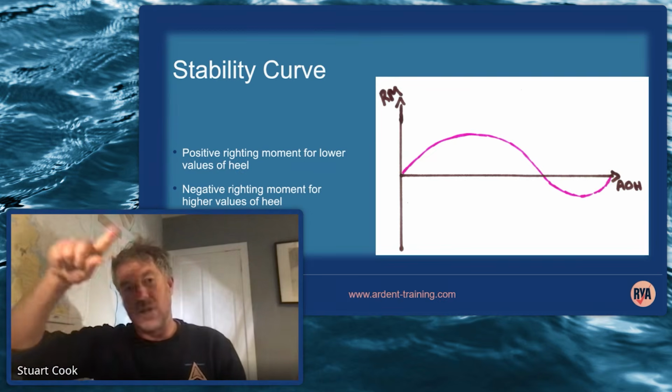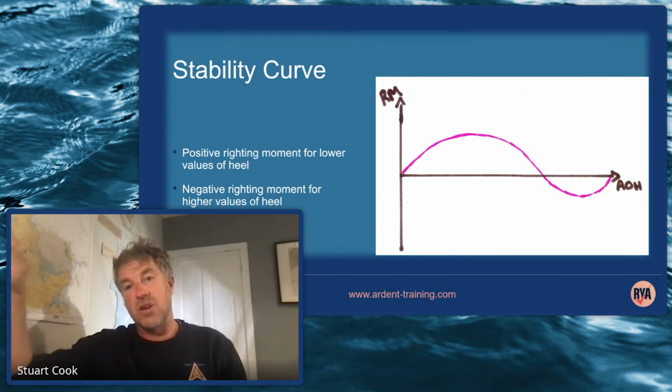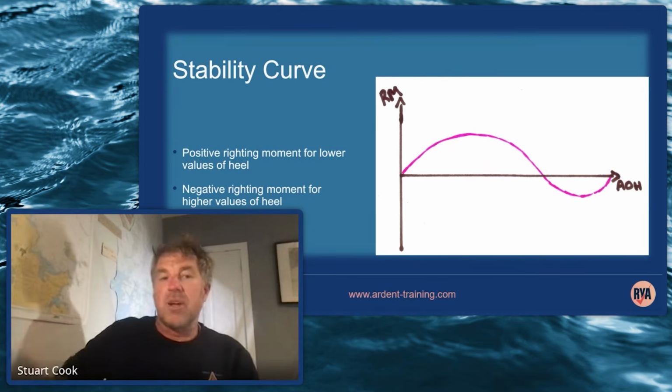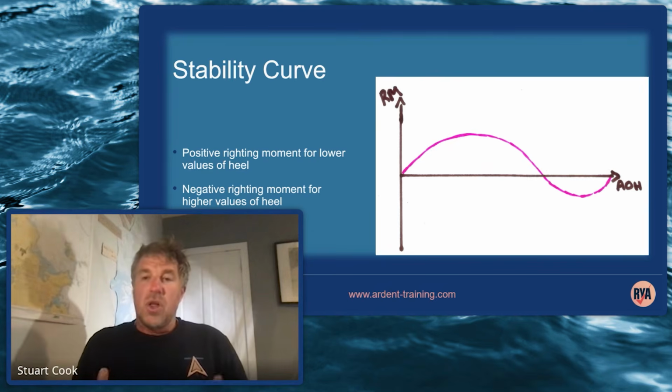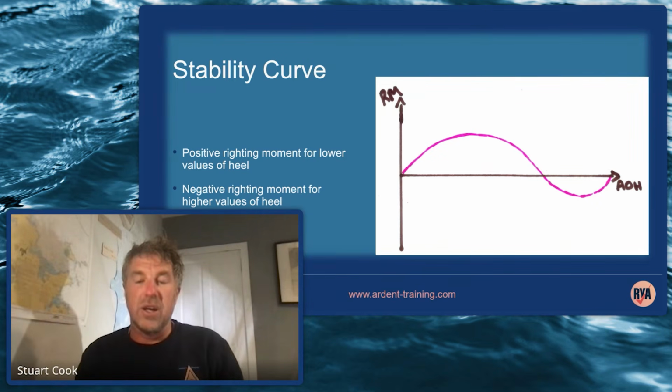Now, just looking at that curve on its own: it has a positive righting moment as it goes upwards while the angle of heel increases, then it starts to drop down, goes through a righting moment of 0, and then has a negative righting moment. That's essentially for 180 degrees of angle of heel.